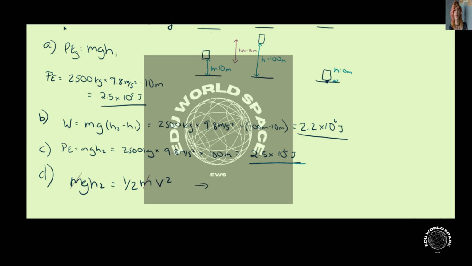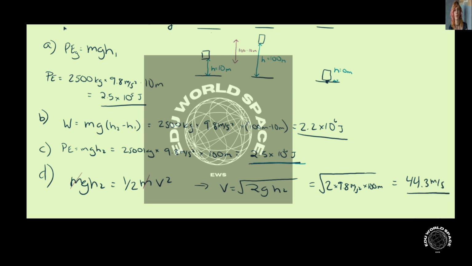So let's multiply both sides by 2 and take the square root to get that the velocity right before it hits the spring is going to be the square root of 2g h2. So that is going to be 2 times 9.8 meters per second squared times 100 meters. We take the square root of that, and we get a velocity of about 44.3 meters per second.